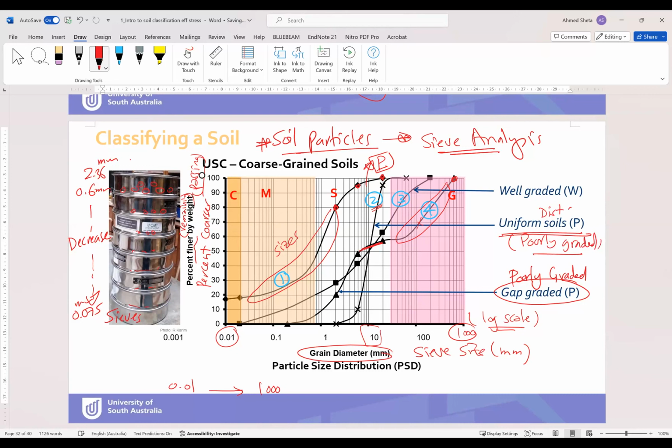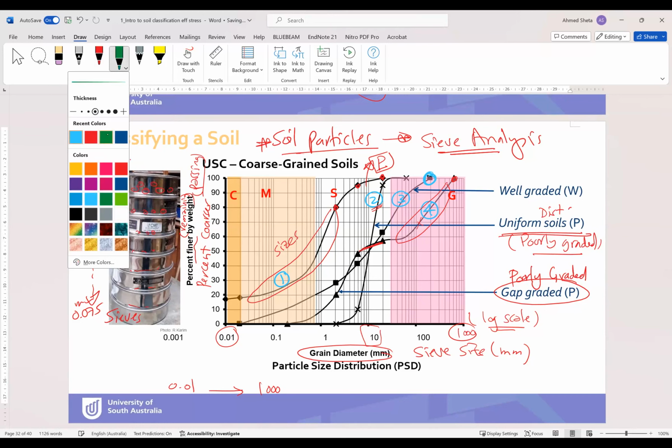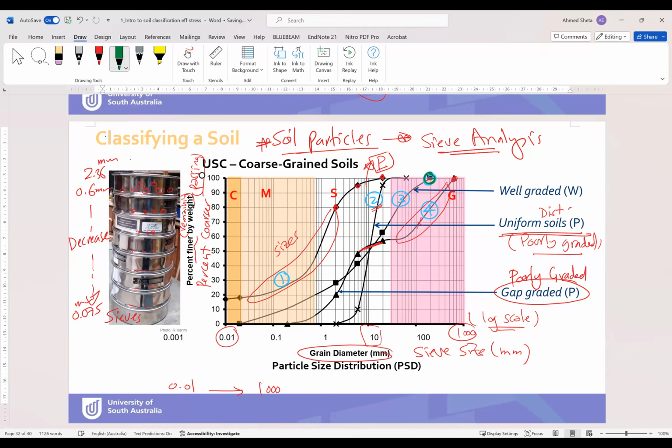Number 3. If we look at number 3, we have a good distribution. We have almost all the sizes here. So it is distributed over the sizes.